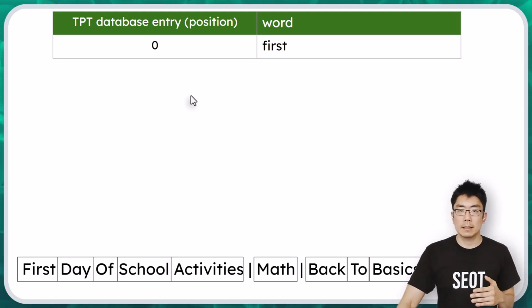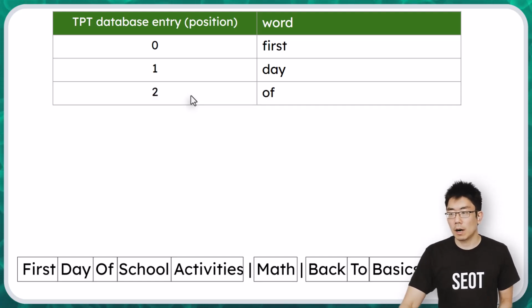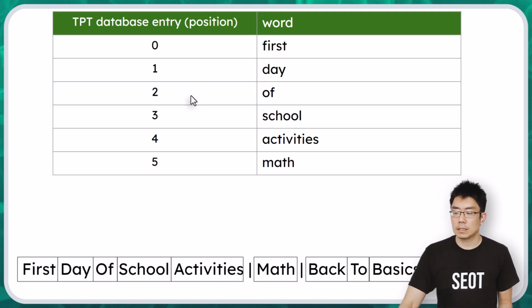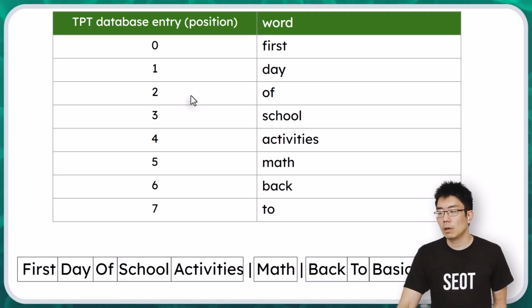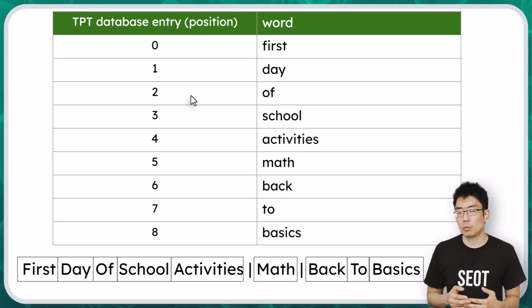In the database, at position 0 they have the word first, because that's the first word of the title. Position 1, day. Position 2, of. Position 3, school. Position 4, activities. Position 5, math. Position 6, back. Position 7, to. Position 8, basics. That's 9 words because we're starting at 0, not 1.